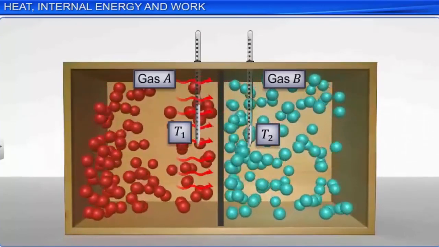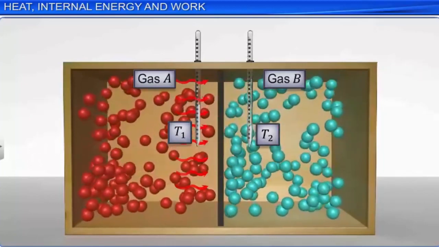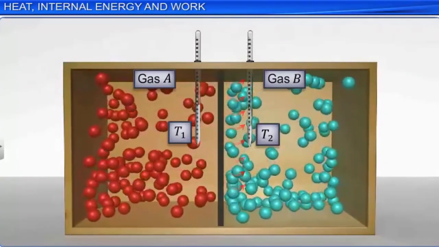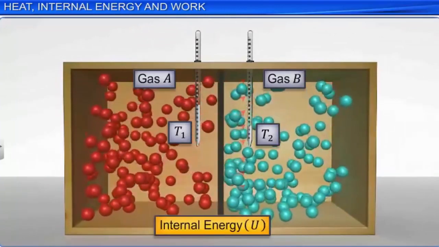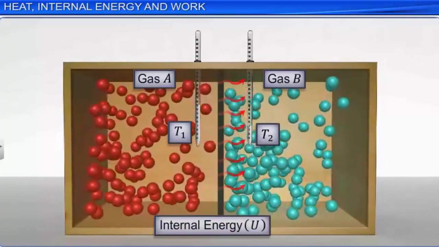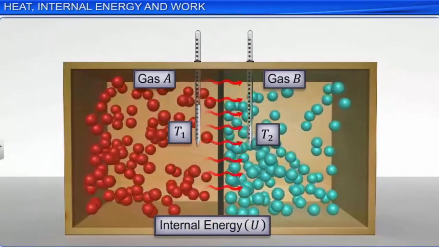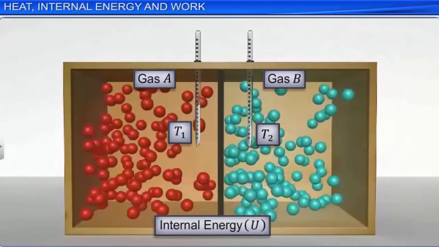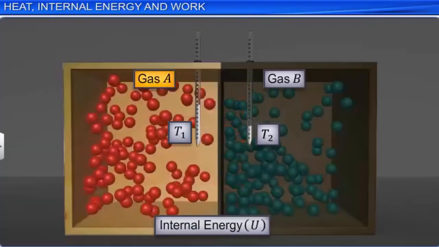In thermodynamics, the energy possessed by a system is internal energy, usually denoted by U. The internal energy of a system is the macroscopic thermodynamic variable that changes when it either emits or absorbs heat energy.